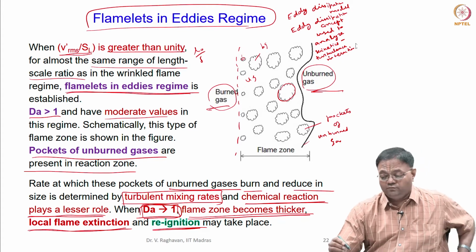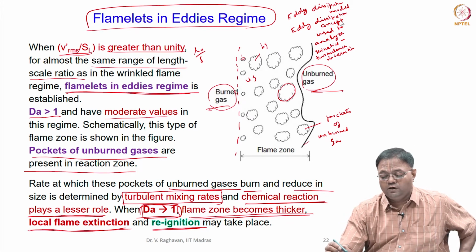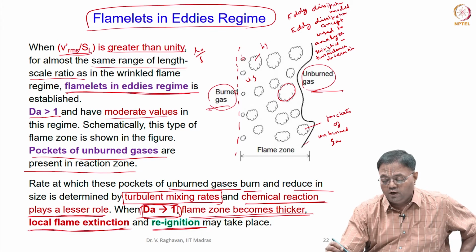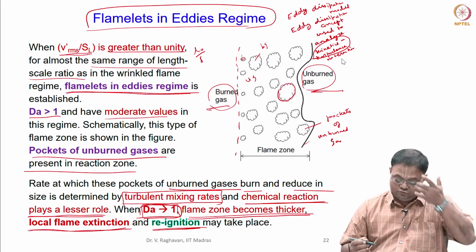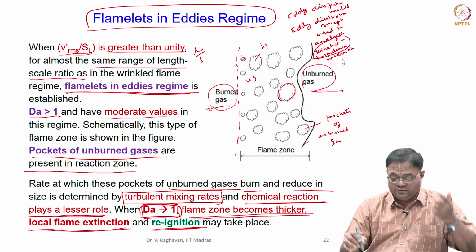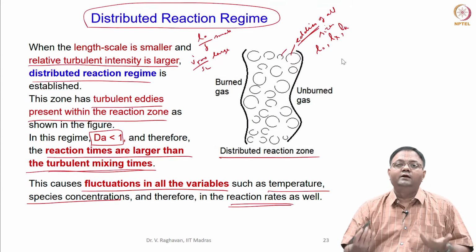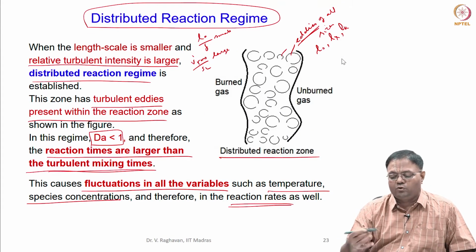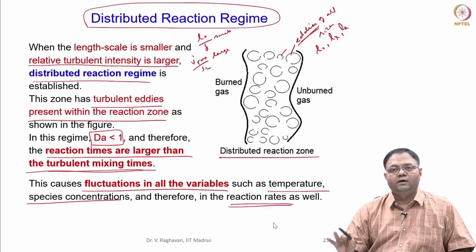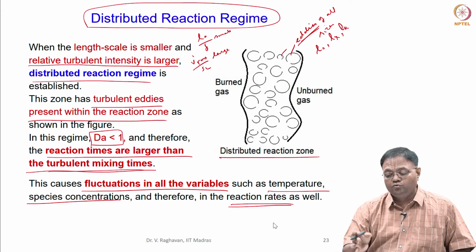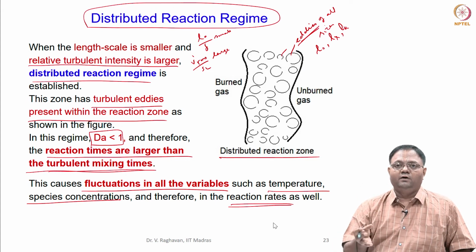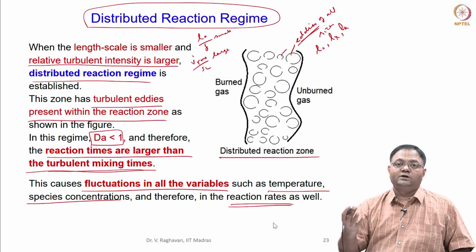The eddy dissipation model or eddy dissipation concept are used to analyze the kinetics-turbulence interaction, the turbulent chemistry interaction. So this is the regime where both are going to play a role, and in this regime only the eddies take over. There is no chemical kinetics requirement here, we can keep that aside and only use the eddy mixing rate as the chemical reaction rate.